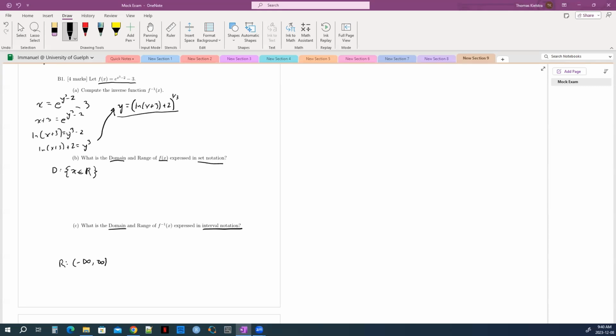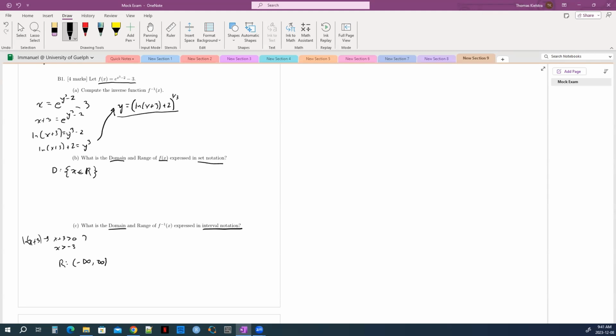Next, we're going to look at the domain of the inverse function. Here, I'm taking an odd root, not an even root, so I don't have a domain restriction from the root. I'm not dividing by 0, but I am taking the ln of x plus 3 in my function. This tells me that x plus 3 must be strictly greater than 0, or x is strictly greater than minus 3.